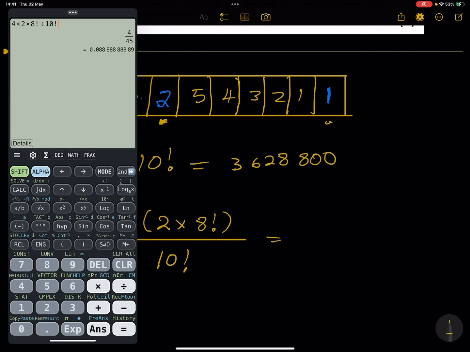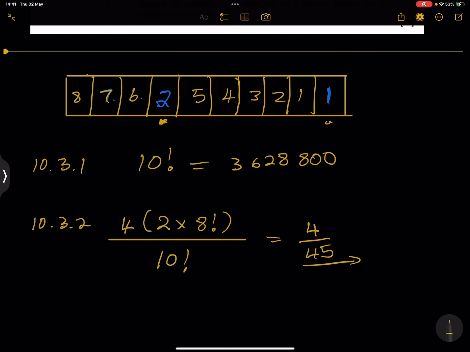Okay, so I get 4 over 45. So that's the answer that I will get. So that is the probability.